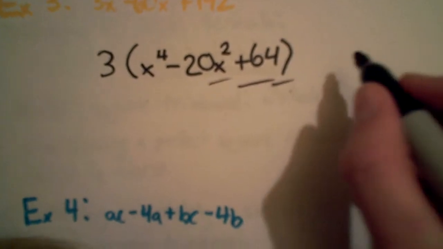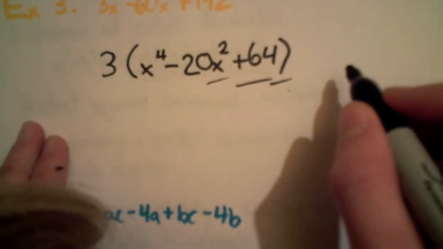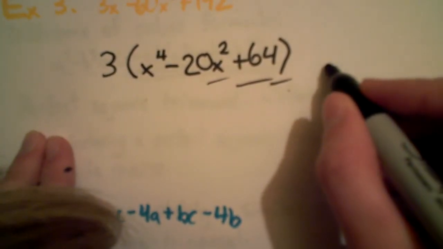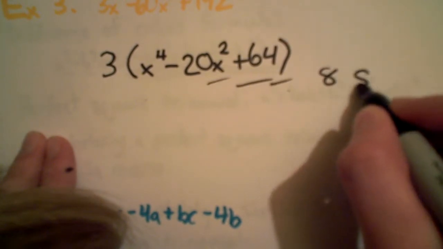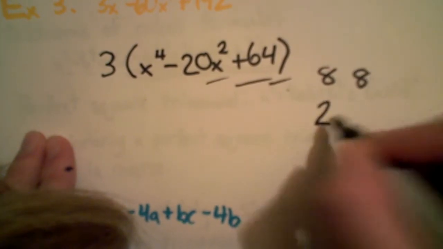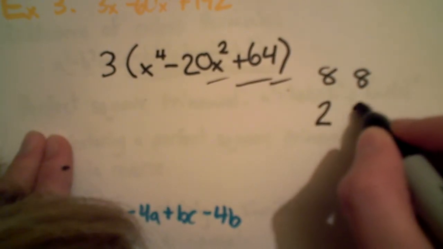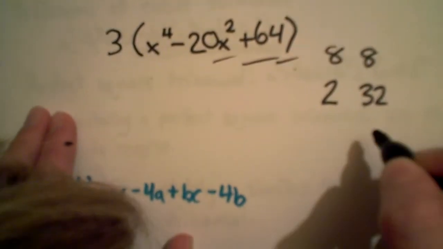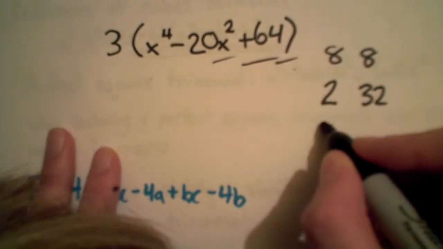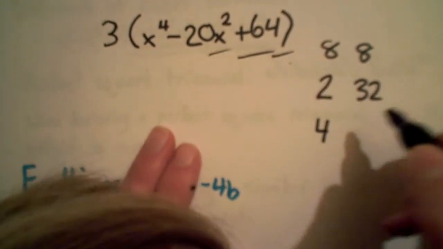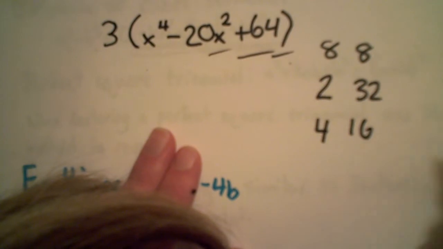So we're trying to figure out the factors of 64, and some of them are 8 and 8, 2 and 32, 4 and 16.